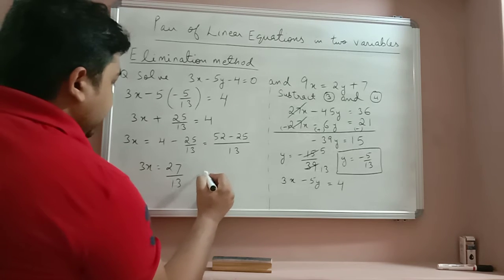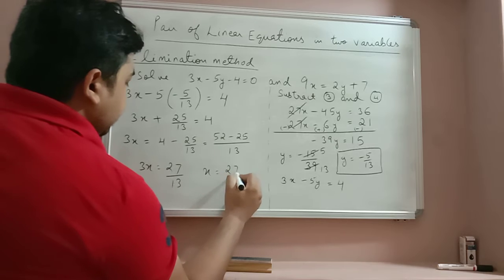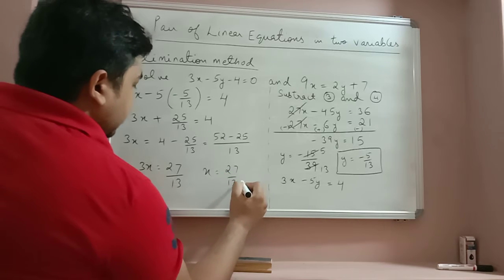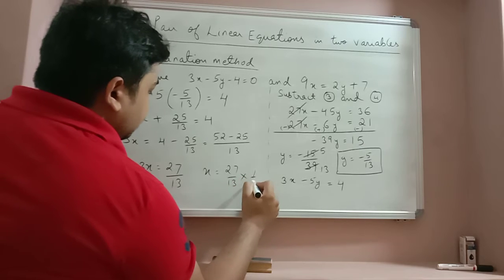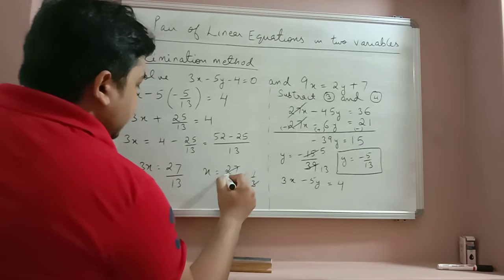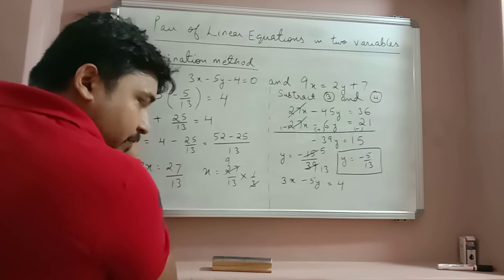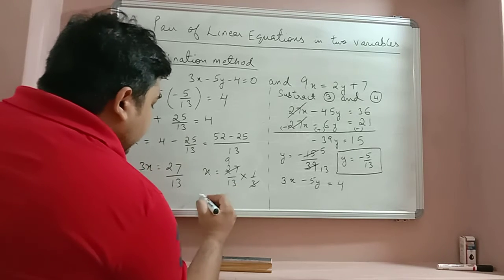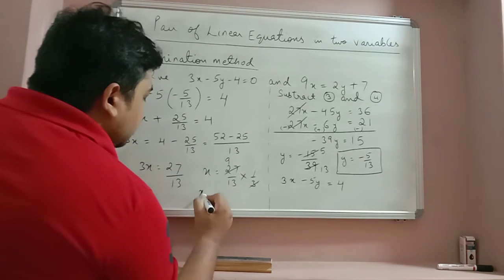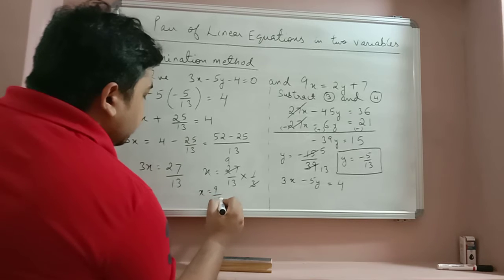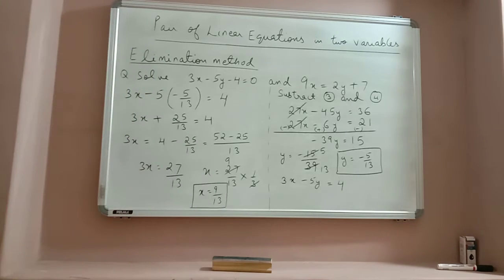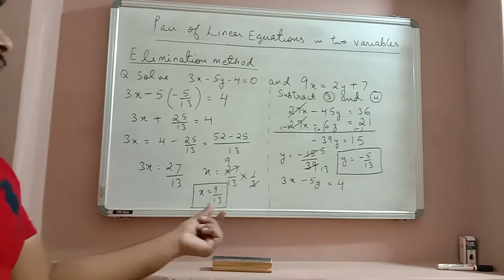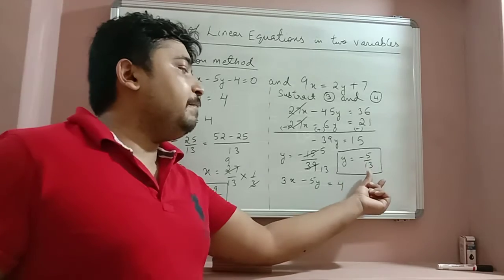Alright, so x becomes equal to 27 by 13 into 1 by 3. Now this is cancelable by 3. So we got x equals 9 by 13. So we got the values of x and y: x is 9 by 13 and y equals minus 5 by 13.